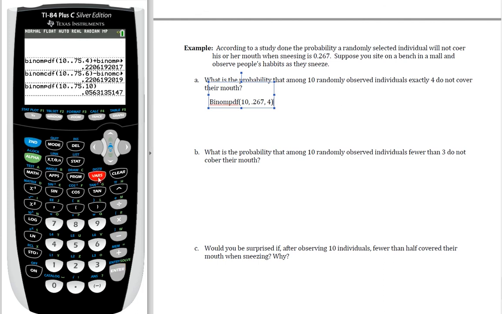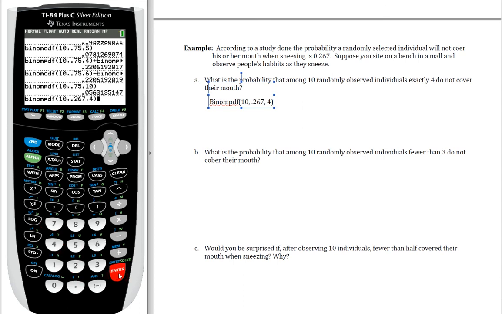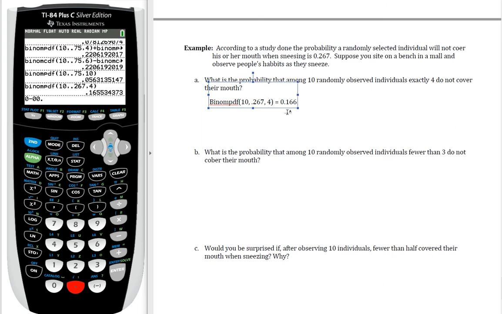So I can run second vars, go get binompdf near the bottom, and run it with 10 trials, 0.267, and 4 as my number of successes. Run that, I get 0.166. I'll type it over here. Equals 0.166 approximately. Or 16.6%. So that'd be my probability. It doesn't ask us to interpret, so we're done with that problem.